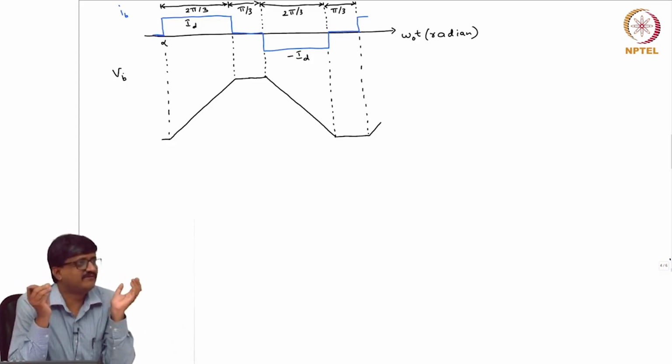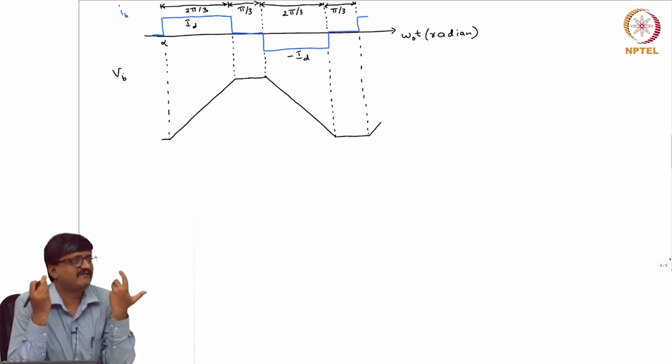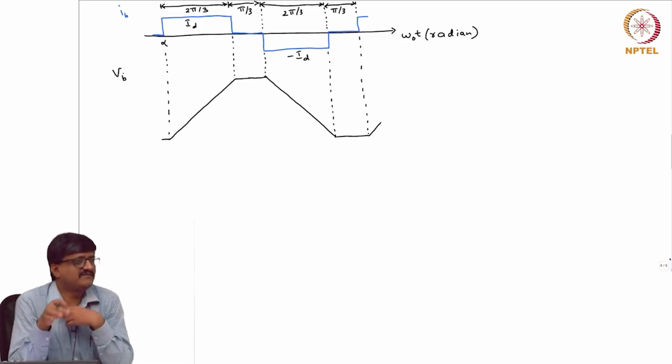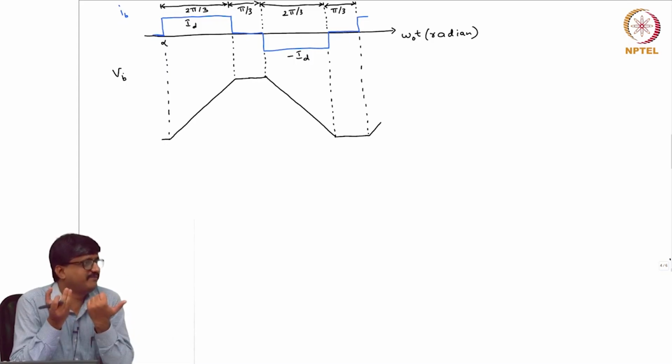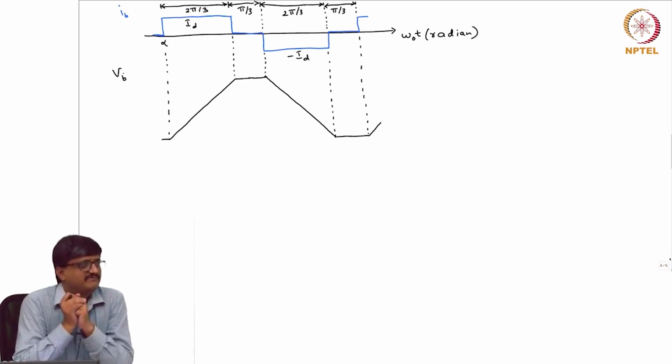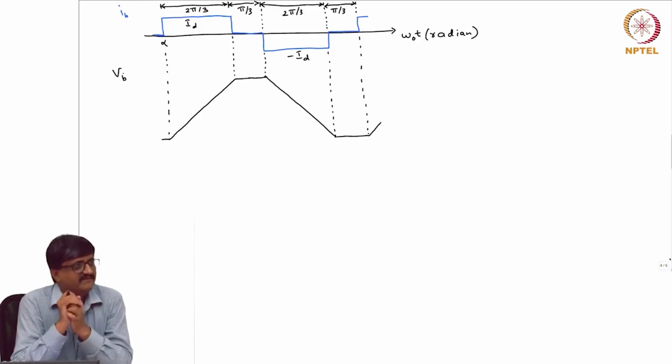From IB, which is the current through a capacitor, I am trying to plot VB. But the only question that can't be answered using this IB is the average value. It should depend on the initial value. Now, the question is, even if the initial value is not known, can we plot VB?